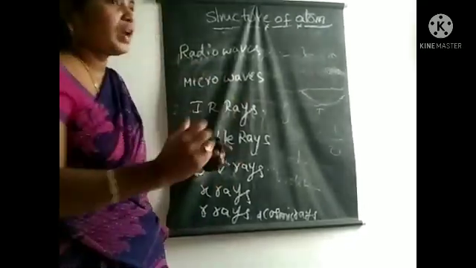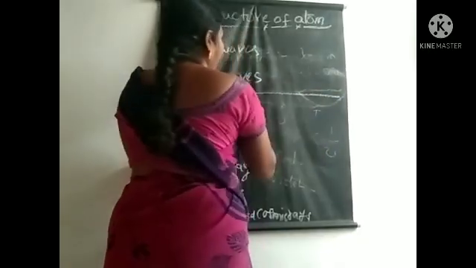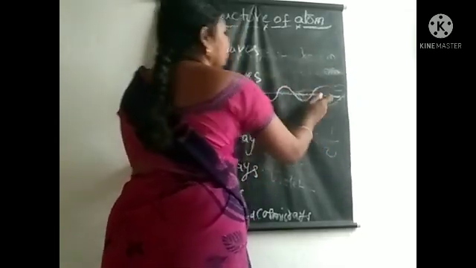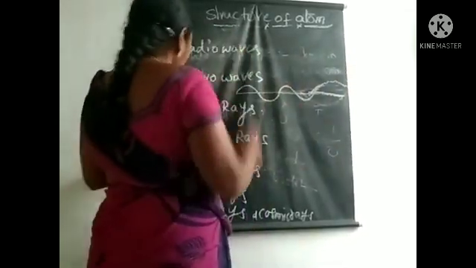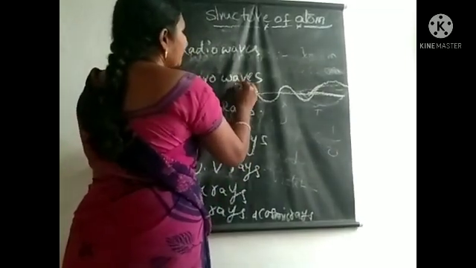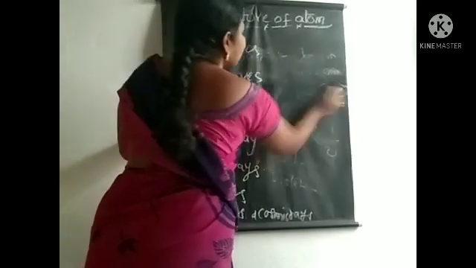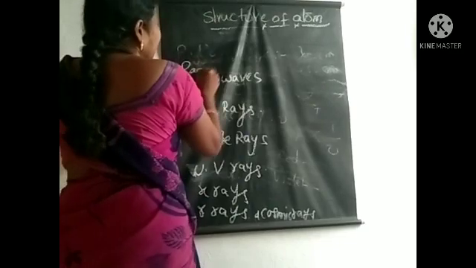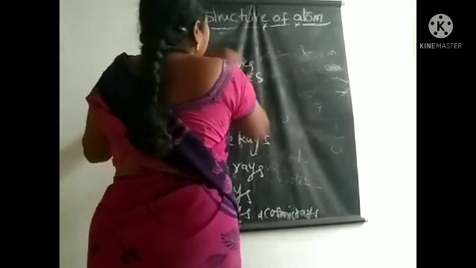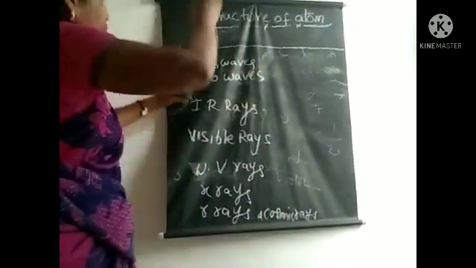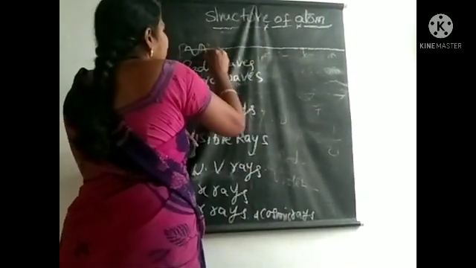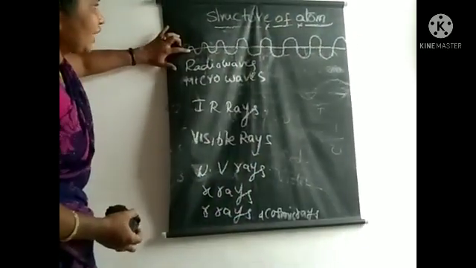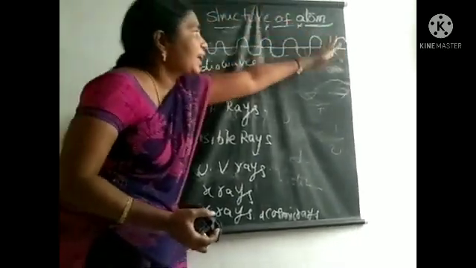Here we observe one wave. Assume a wave where low wavelength gradually becomes higher wavelength.